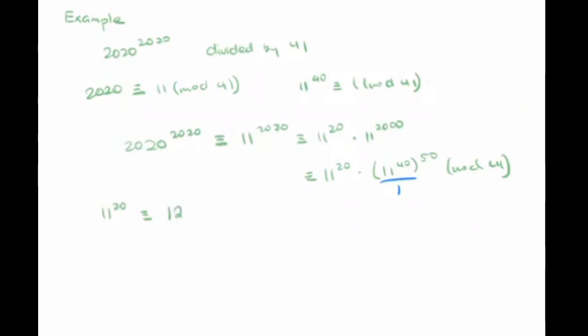Well, we can make this as 121 to the 10th power. And 121 is just negative 2 mod 41, so this is negative 2 to the 10th power, which is 1024, which is congruent to 40 mod 41.